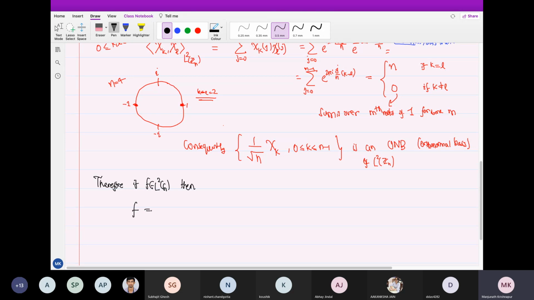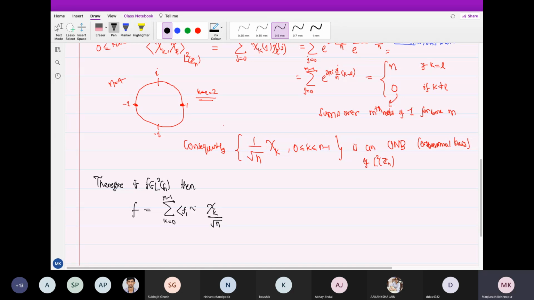How do you write it? You sum over k equals 0 to n minus 1, since that's the number of basis elements. You can write f as a linear combination of this chi k over square root n.